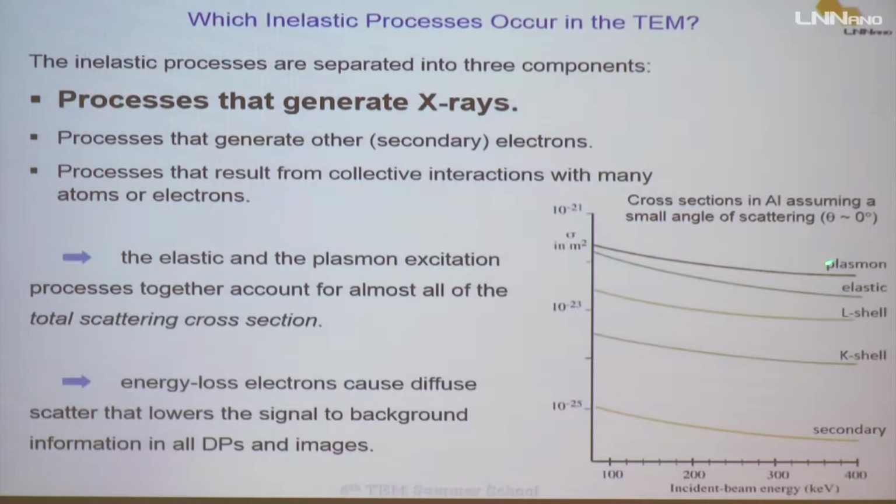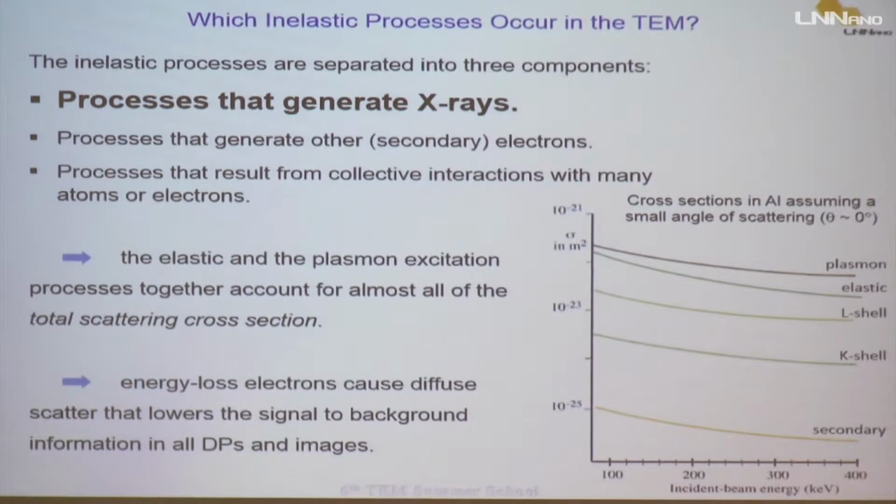We can see here the plasmon scatterings, elastic scatterings, and these two kinds of scatterings here that generate L-shell transitions or K-shell transitions. We can think about this graph as related to the probability of the occurrence of this kind of event.